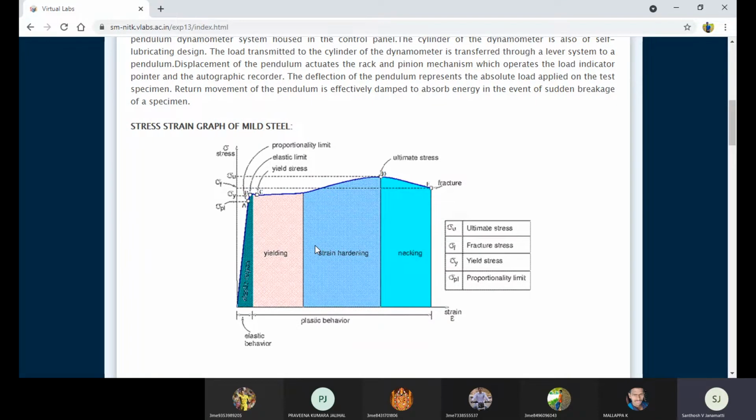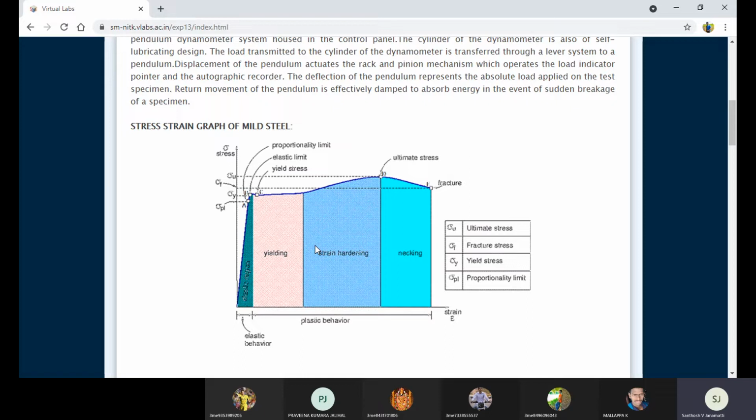In the viva, the examiner may ask what you mean by yield load, ultimate load, and fracture load, what you mean by deformation, what kind of deformations take place in ductile material, and what about plastic deformation when we put brittle material into the tensile test.